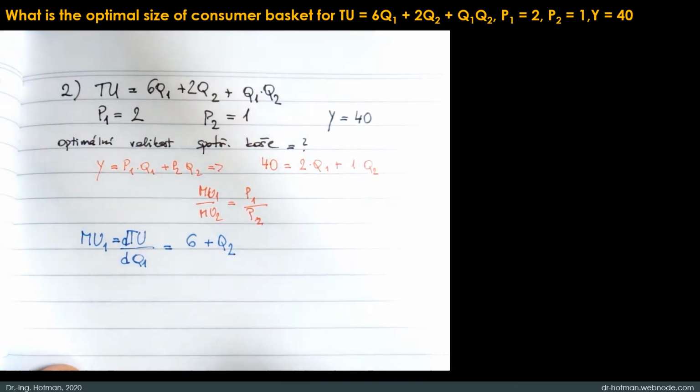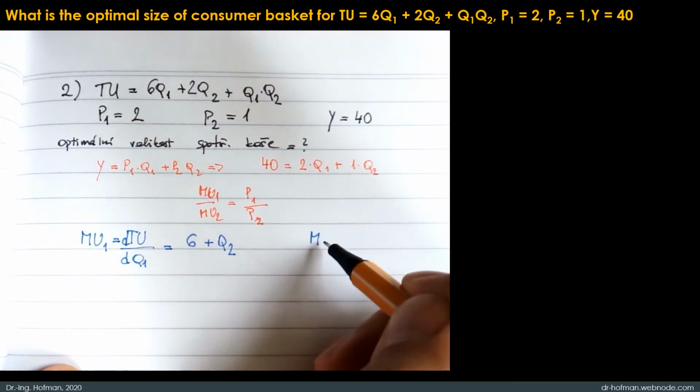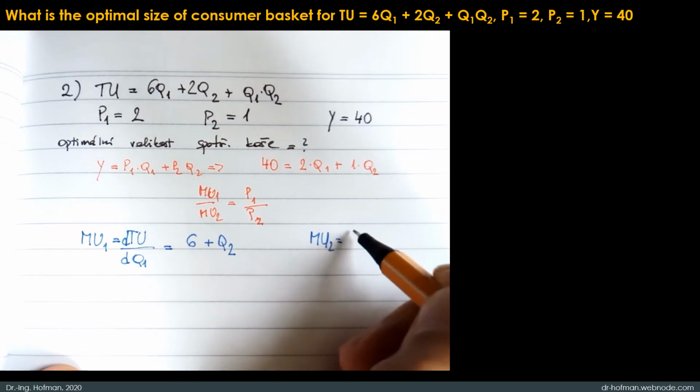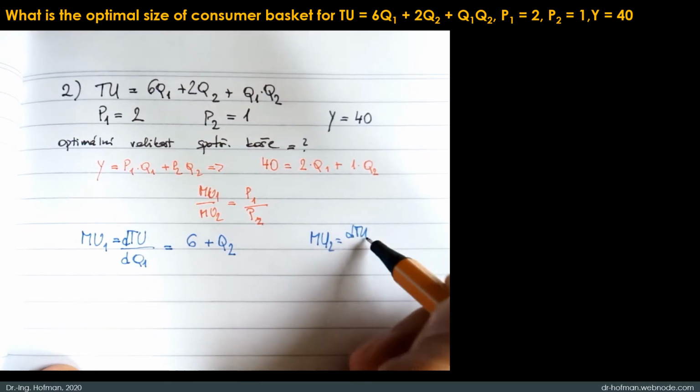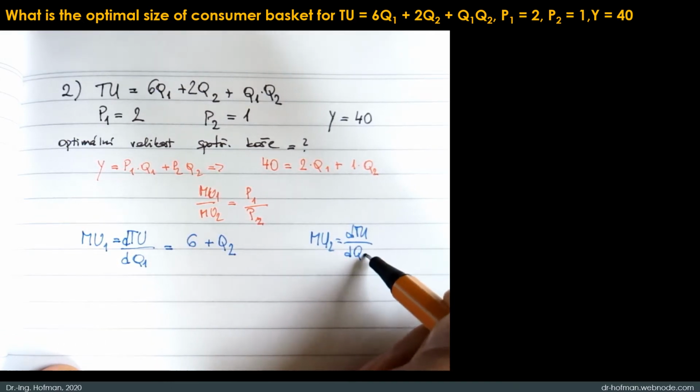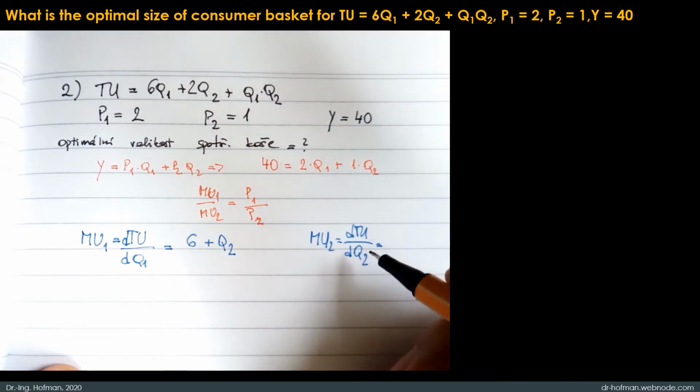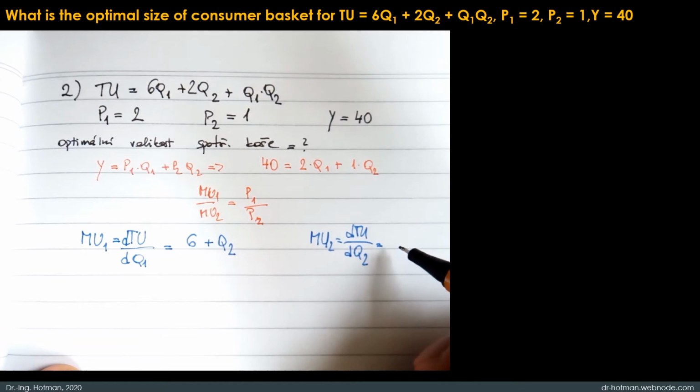The same for the marginal utility of the second good. After derivation of total utility according to quantity 2, the result is 2 plus Q1.